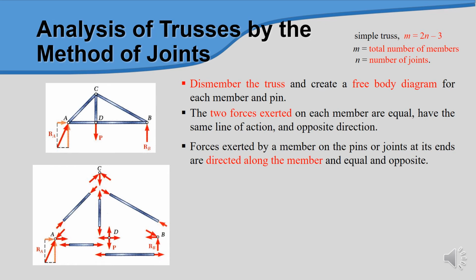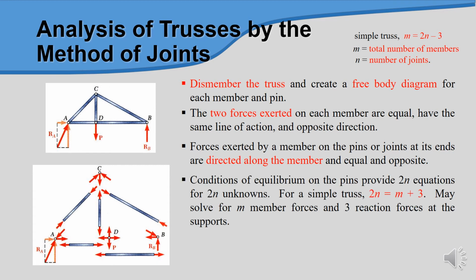Forces exerted by a member on a pin or joint at each end are directly along the member and equal and opposite. And the conditions of equilibrium on the pins provide 2n equations for 2n unknowns. For this example of truss, we have 2n equals m plus 3.